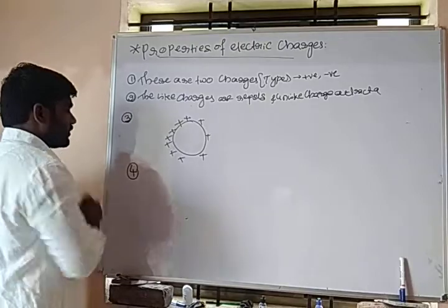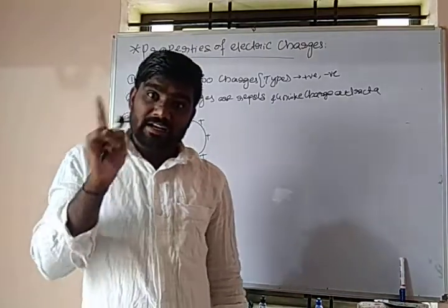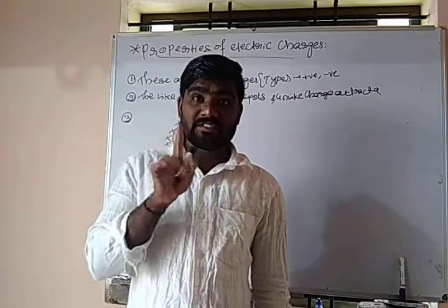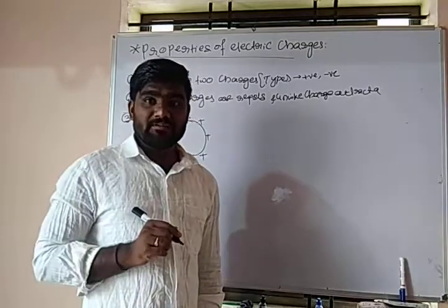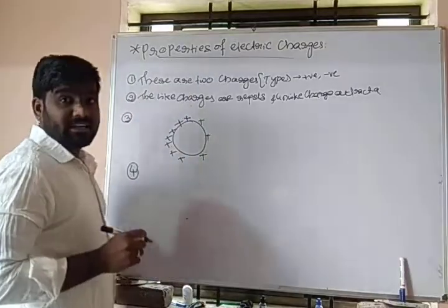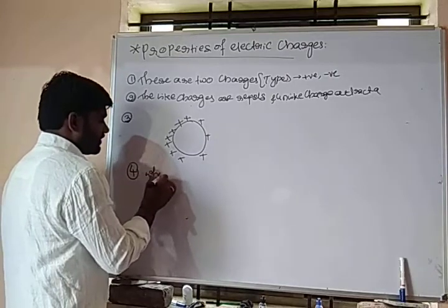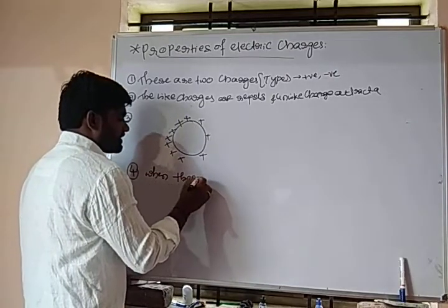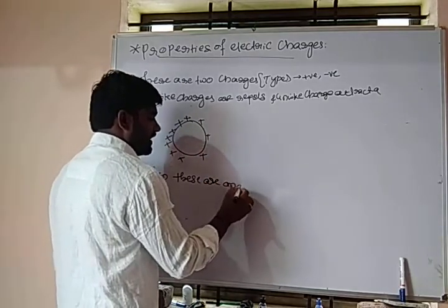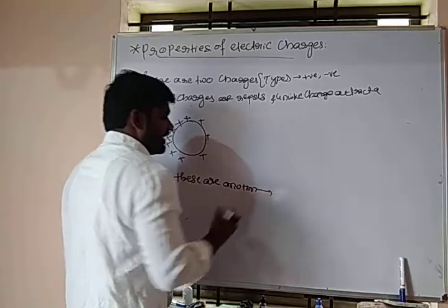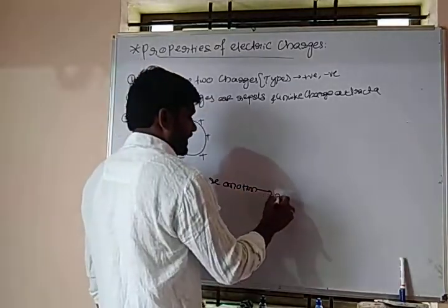Then the fourth one is, as I told, if charges are under motion, it gives electromagnetism or magnetic field. So when these charges are under motion, it gives the phenomenon of magnetic field.